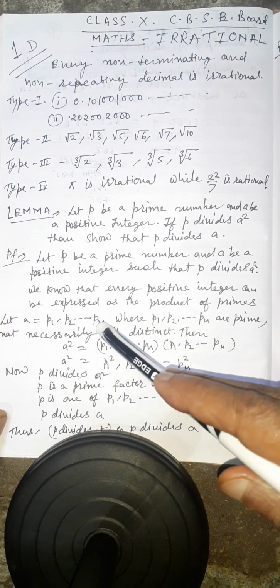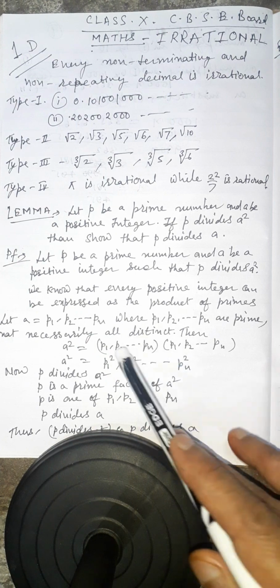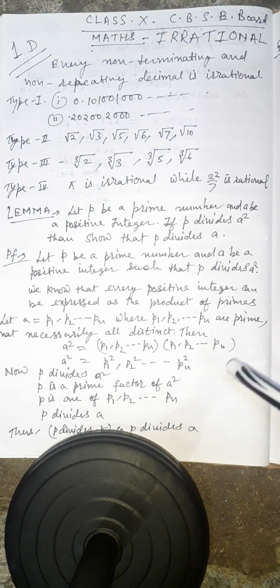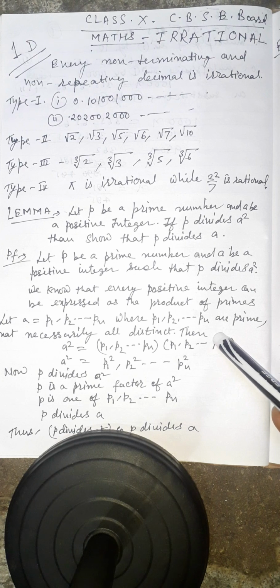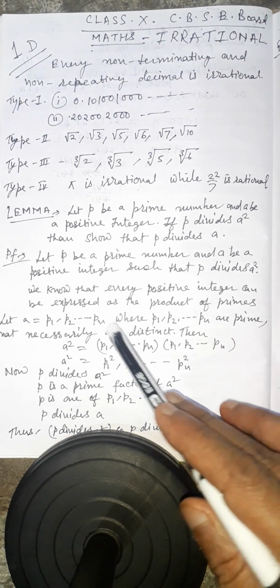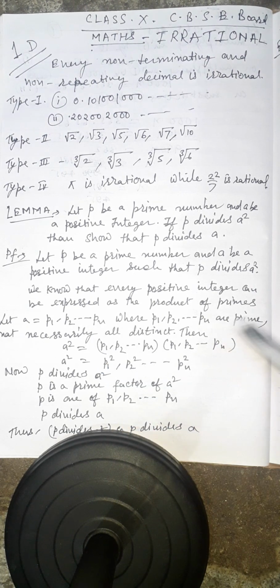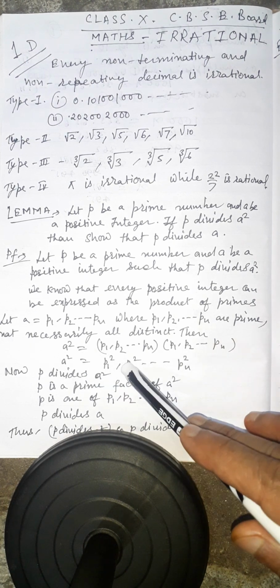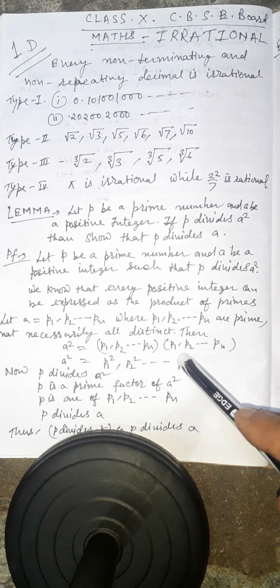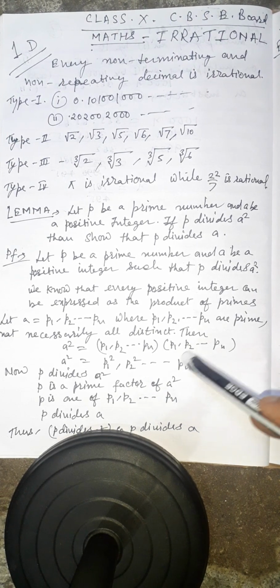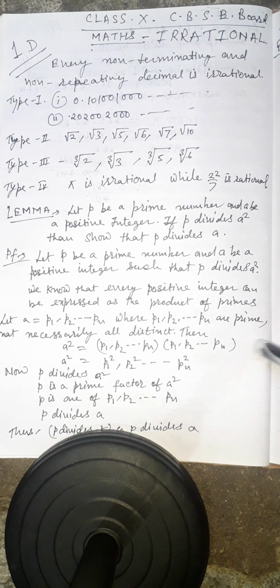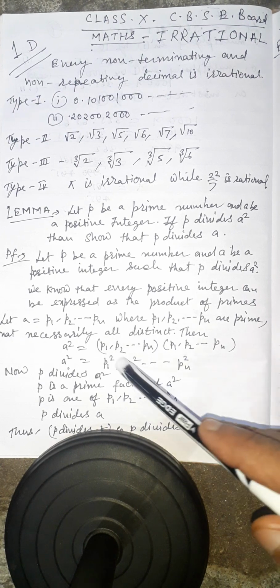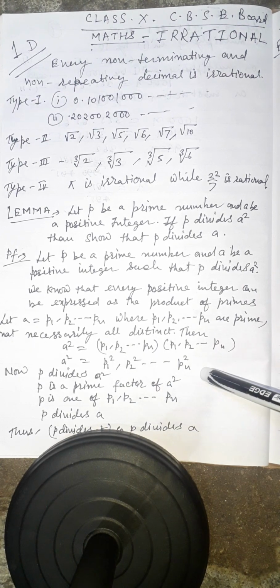Let A equals P1, P2 to Pn, where P1, P2 to Pn are primes, not necessarily all distinct. Then A square is equal to P1, P1, P2, P2 to Pn, Pn. A square means P1 square, P2 square to Pn square.